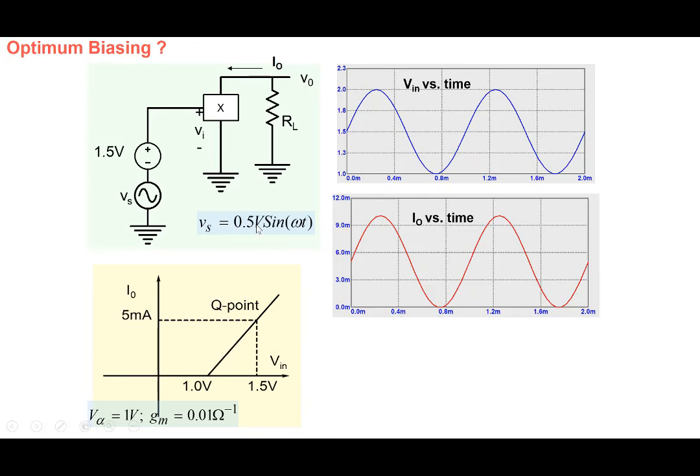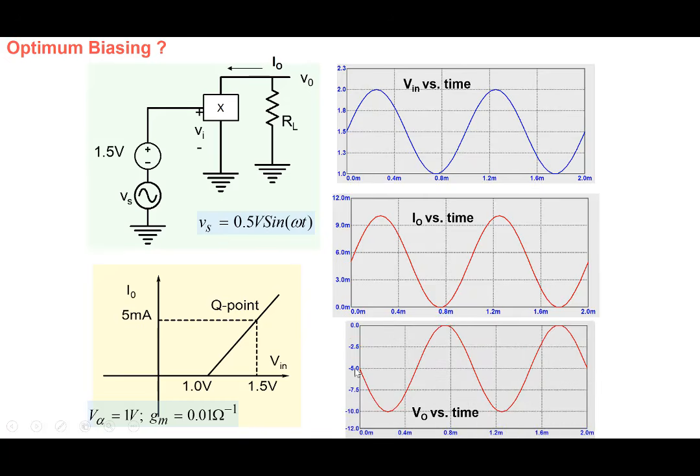Note that in the negative cycle, the effective input voltage is reaching 1 volt here, and I naught is falling to 0, and therefore we get an output which is fine here. Note that we cannot apply anything less than 1.5 because then, for a part of the cycle, we'll go into this dead zone region here and start getting clipping.